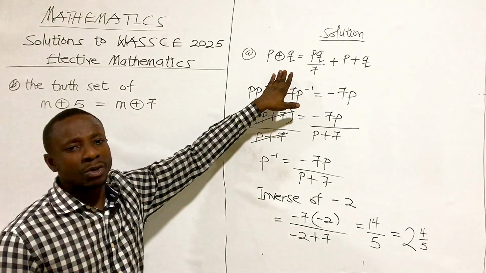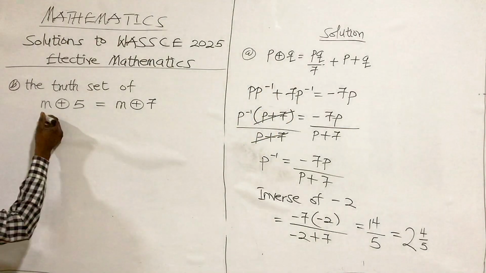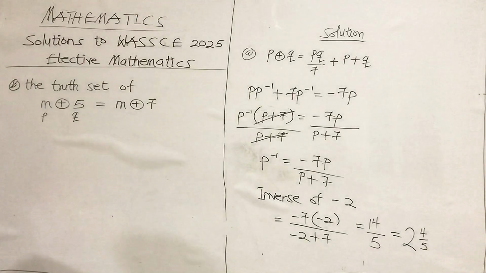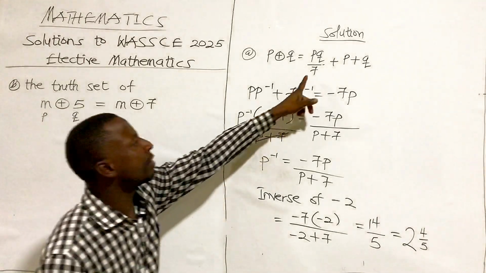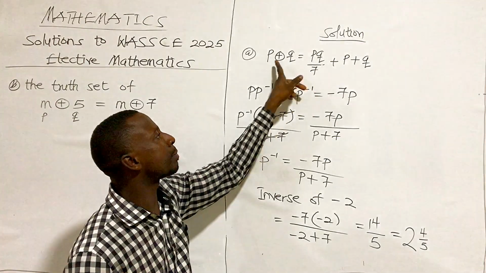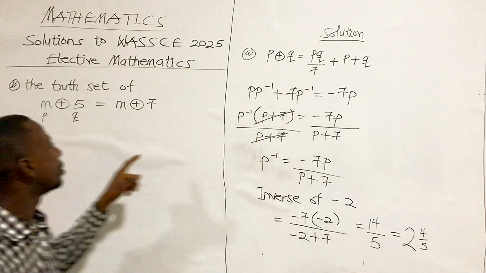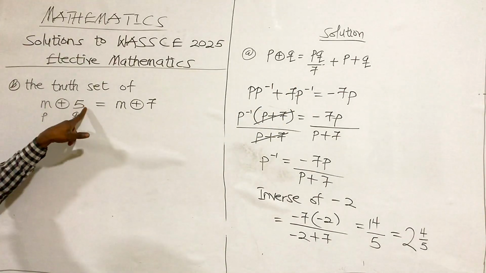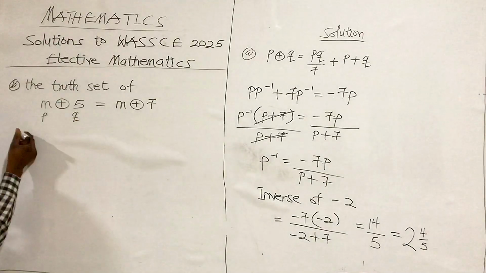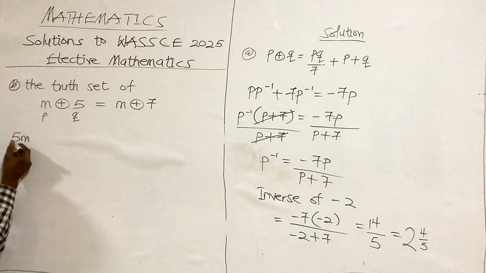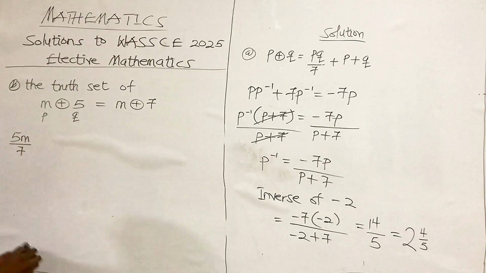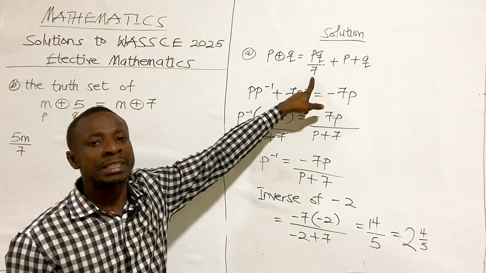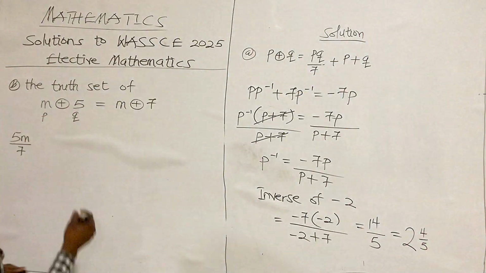By direct comparison, this is P, this is Q. So if you look at the definition on top here, they multiplied P and Q. So over here, we are also going to multiply M and 5. So we have 5M over 7, because after multiplying, they divided it by 7 from the definition.